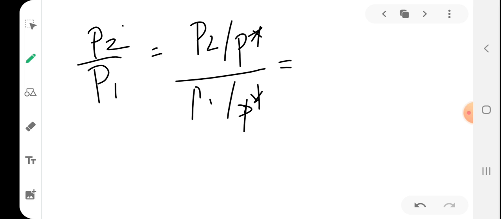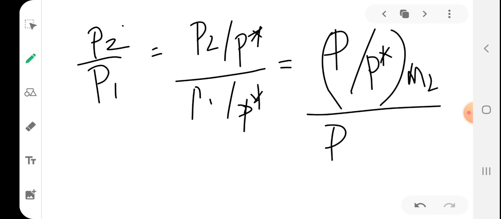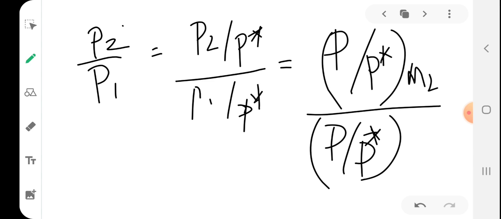So P2 by P star is nothing but P by P star corresponding to M2, divided by P by P star corresponding to M1. M2 is 0.53, M1 is 0.25.